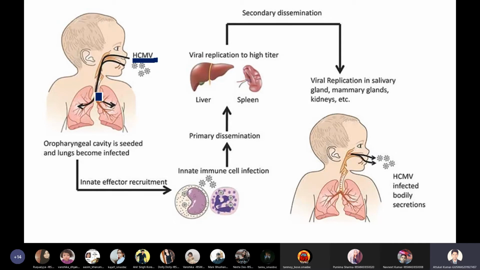The virus will enter through the lungs, go through the oropharynx, and recruit the white blood cells, and through the white blood cells it will start disseminating into the organs of the body. It will cause central foci, the liver and spleen will get affected, then secondary viremia. After secondary viremia, the virus will start replicating in the salivary glands, mammary glands, and kidneys, and the virus will start discharging into the community through the saliva, mammary glands, and kidneys, right?